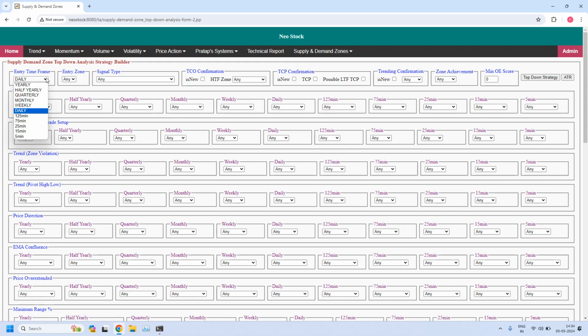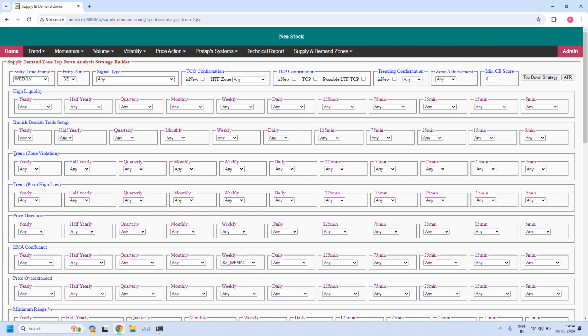So I am selecting the time frame as weekly. Now the entry zone should be supply zone, because we are going for supply zone EMA confluence. So in the EMA confluence, weekly time frame, we are looking for supply zone having weekly EMA confluence, SZ_WEMAC.